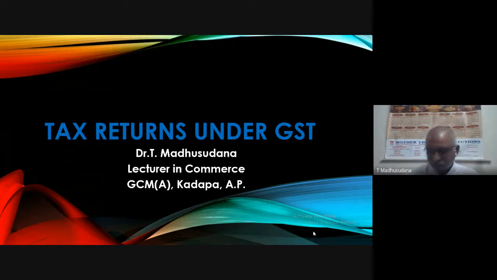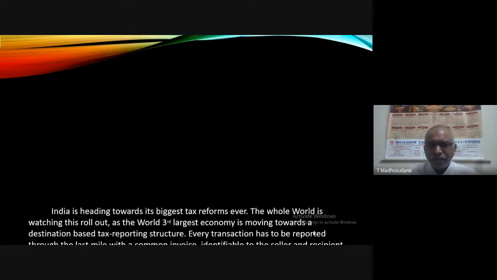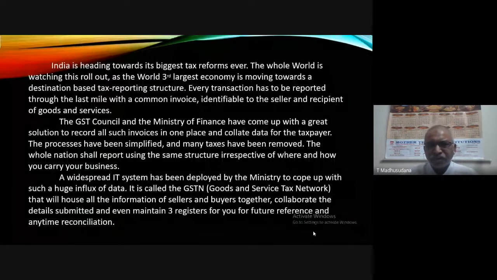Okay, so now, India is heading towards its biggest tax reforms ever. The whole world is watching this rollout as the world's third largest economy moves towards a destination-based tax reporting structure.